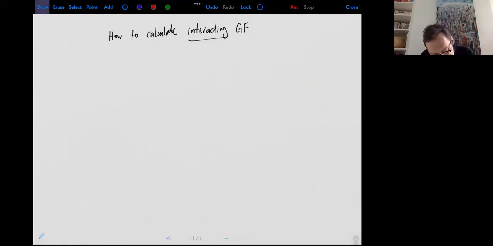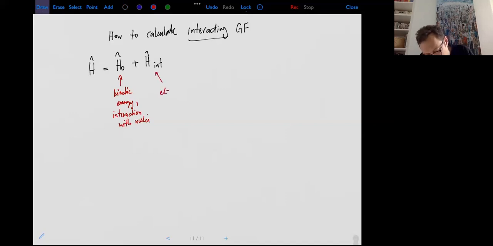So we can write H is H0, basically kinetic energy and interaction with the nuclei, plus the interaction term. And so this contains these electron-electron interactions, which are the origin of all difficulties.